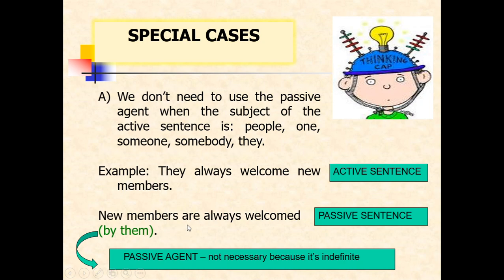New members are always welcomed. In the brackets, you can say by them. This structure is the passive agent. And the passive agent, in this case, is not necessary because it is indefinite, which means it's not specific.